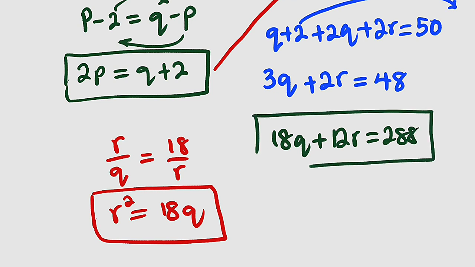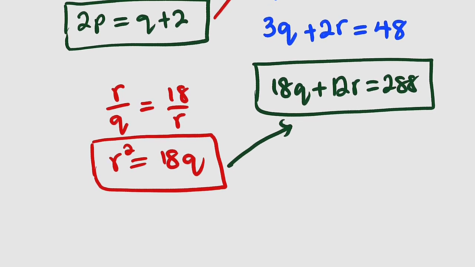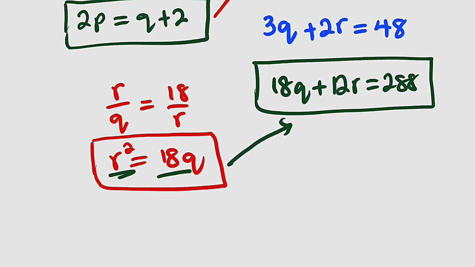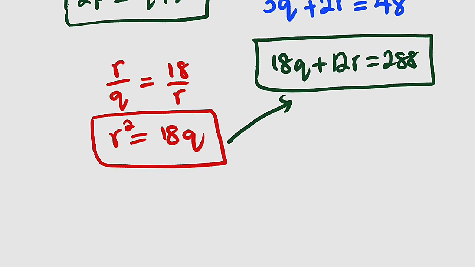Wherever we have 18Q, we are going to replace it with R squared, because R squared equals 18Q. So instead of 18Q, we have R squared plus 12R. We bring 288 backward, and it becomes negative 288, and the whole of this equals 0.